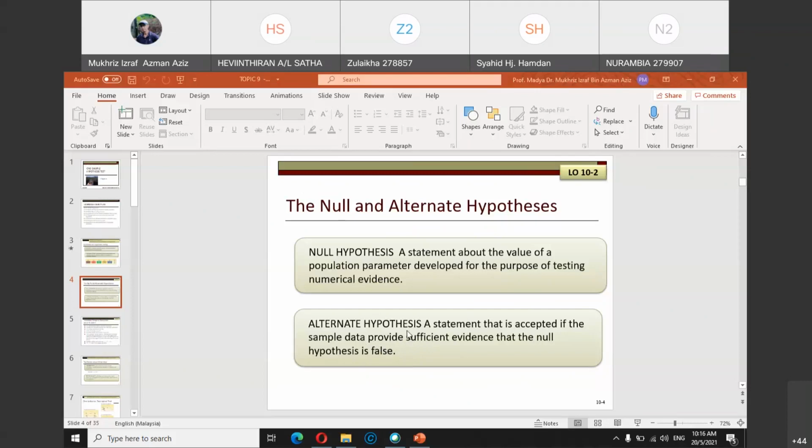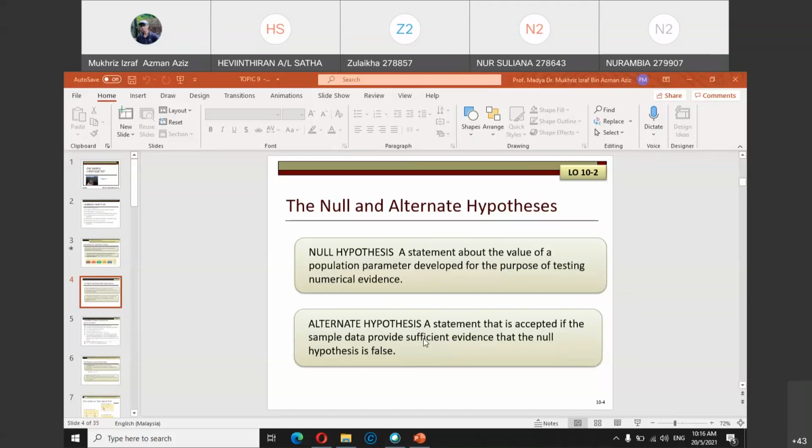For example, let's say from past information, using the same example, we claim that the monthly expenditure of UUM student is RM 500 a month. UUM students spend around 500 ringgit per month on food.